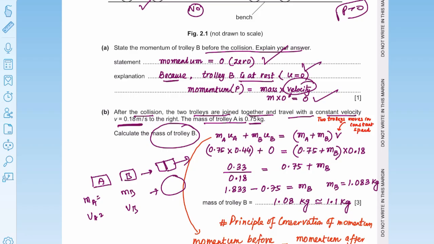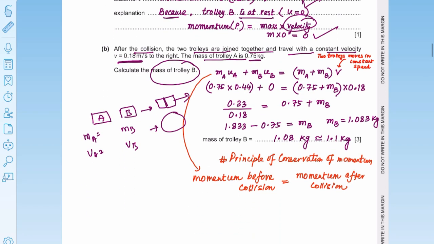Did you get what I'm trying to say? I have written the notes as well so that it will help you in other questions when you solve them. This question is based on the principle of conservation of momentum, which says that momentum before collision equals momentum after collision. What is the momentum formula? I told you right now, P is the momentum and P equals mv.